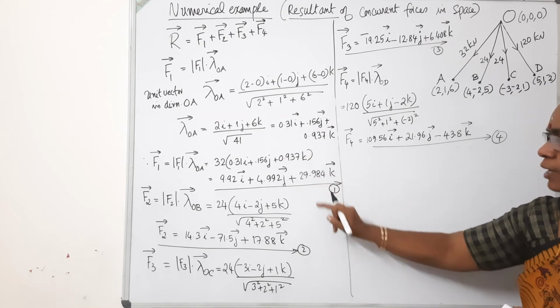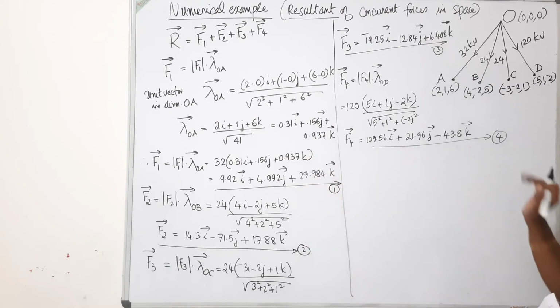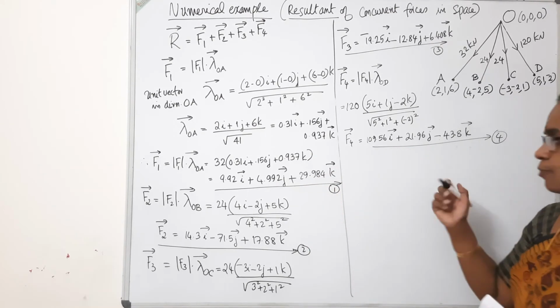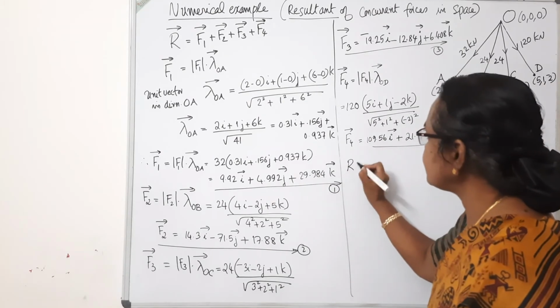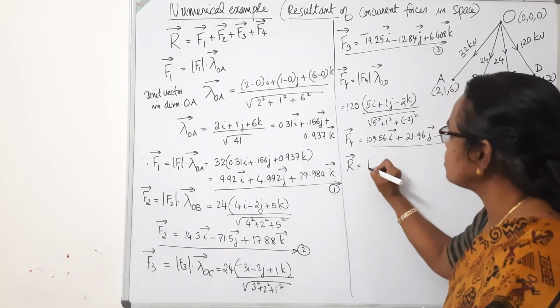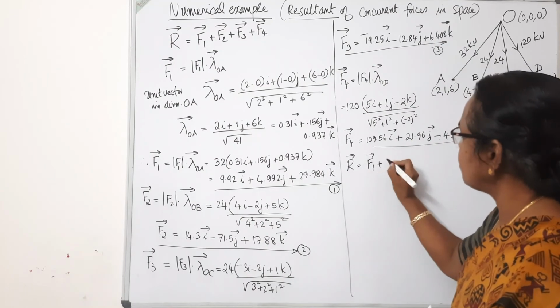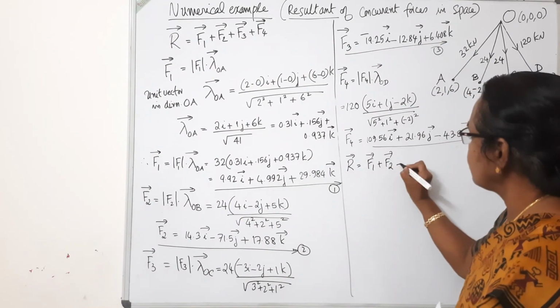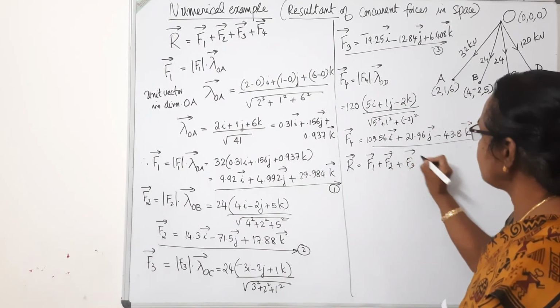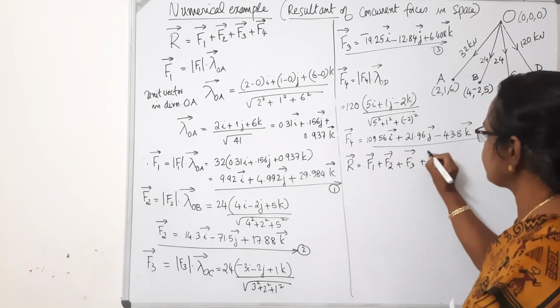Now we have got F1, F2, F3, F4, all the force vectors. Now what is the resultant? The resultant vector is nothing but the F1 vector plus F2 vector plus F3 plus F4 vector sum.